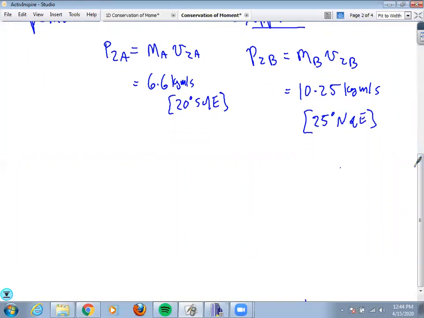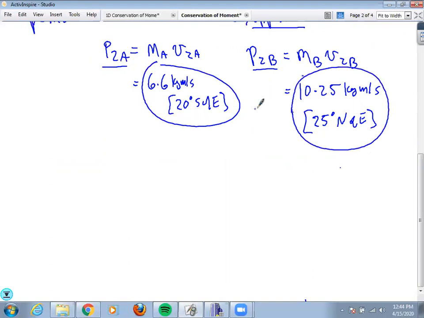Okay, so we know P2B, we know P2A. All we have to do now is add the two. P2A, P2B, add them with vector components, and then get the final triangle, a squared plus b squared equals c squared, inverse tan, and then get the opposite direction for the actual final momentum of the third piece.